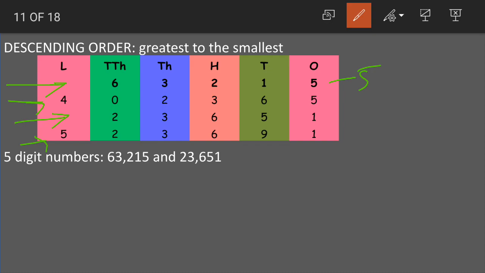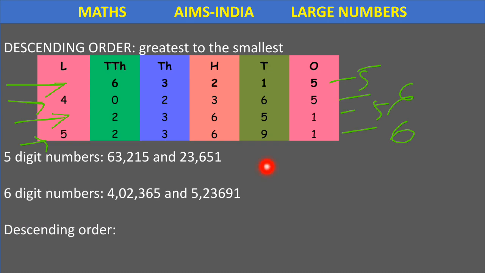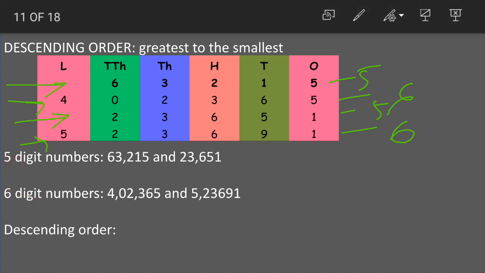We are having two 5-digit numbers and two 6-digit numbers, right? Now as we are writing the descending order, which numbers are greater, 6-digit or 5-digit? 6-digit numbers are greater than 5-digit numbers. So first we should write the greatest number among these two 6-digit numbers.